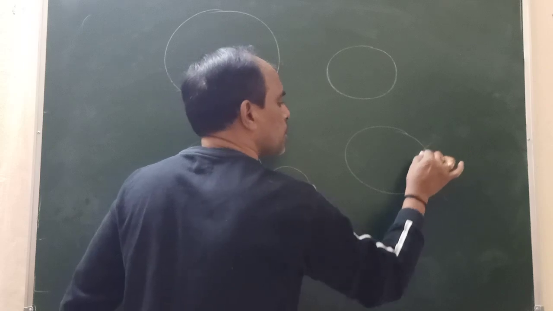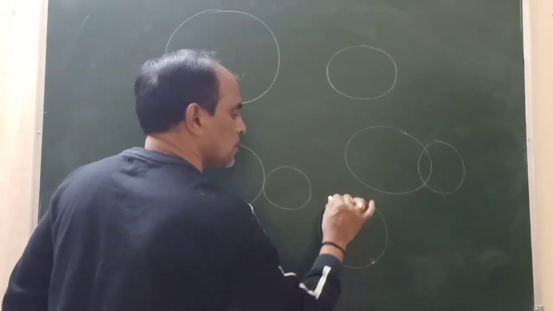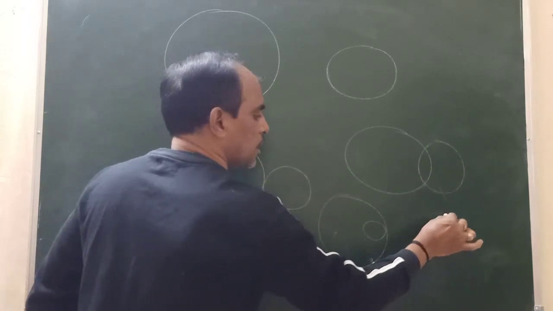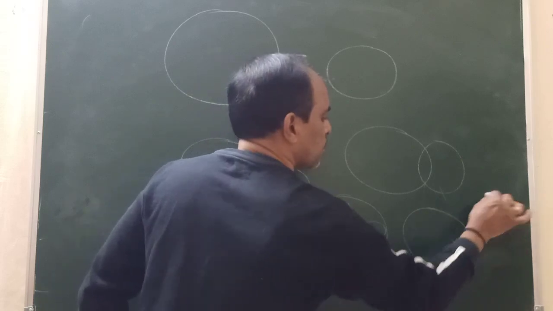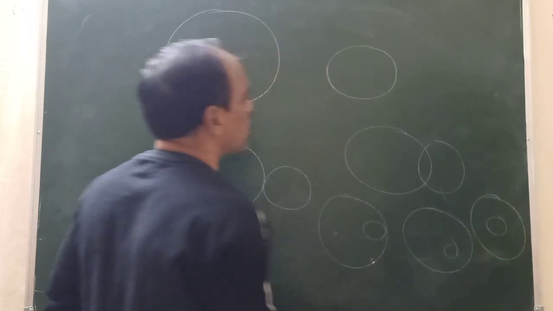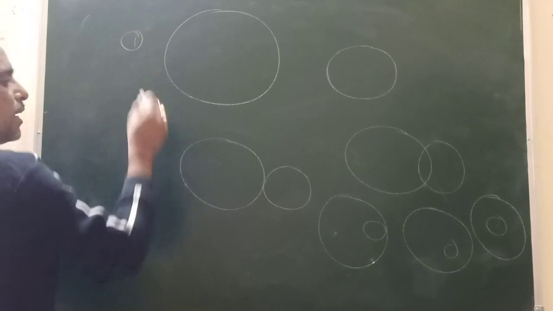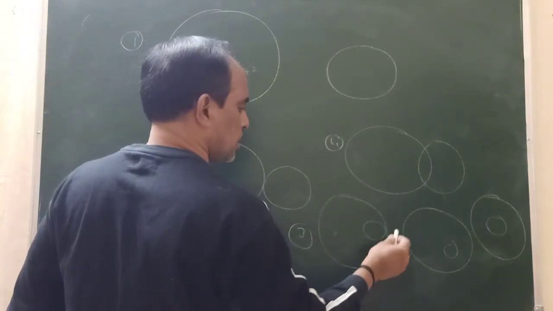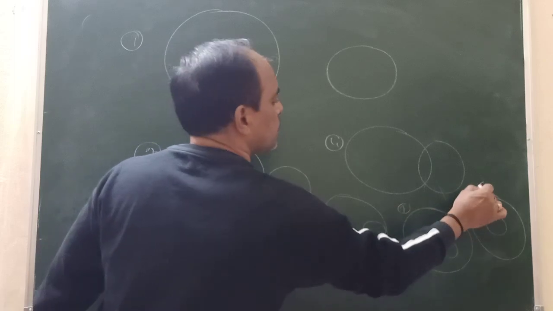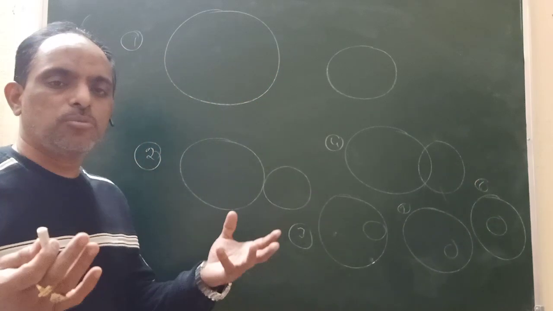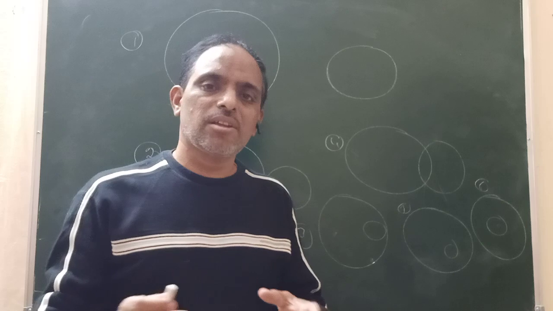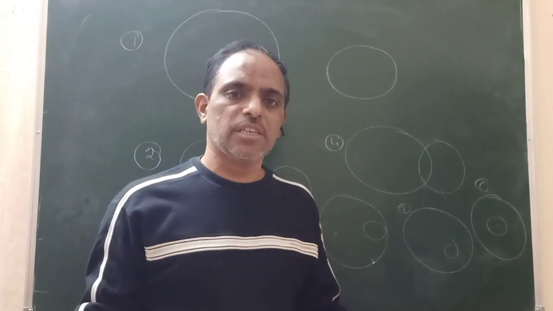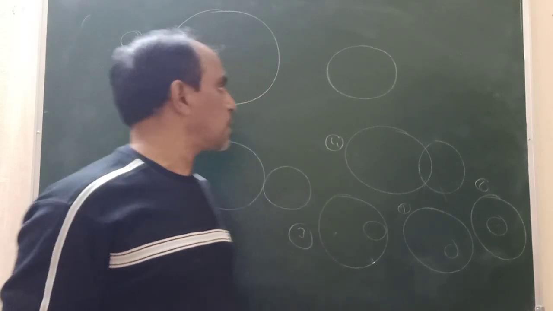The circles may intersect, or may touch like this, or may be like this. These are the few shapes: one will be like this, another like this, then the 3rd position, 4th position, and 5th and 6th. These are the 6 positions when 2 circles are given. These are the relative positions of 2 circles.